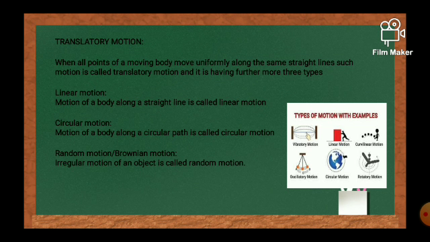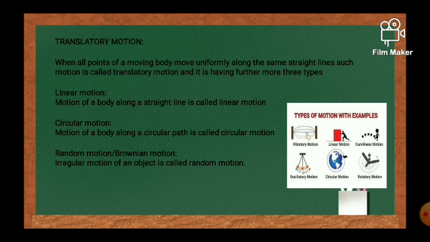Random motion, the third one. We also call it Brownian motion, because in our past we have studied that the scientist Brown observed some pollen in water, and then he gave that theory as Brownian motion.